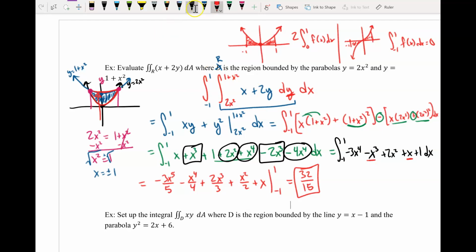Now, before we continue, I do want to make a little note that you could have used type 2 if you wanted to, but it's a lot more difficult. If you wanted to use type 2, this is what you would have done. You would see that this intersects this outer part and this inner part.